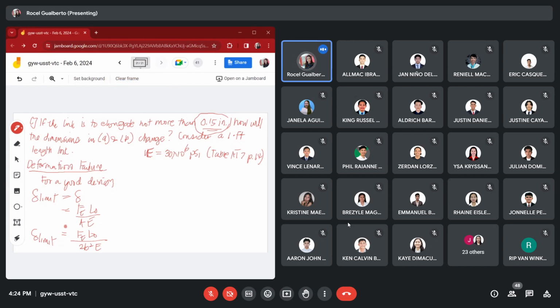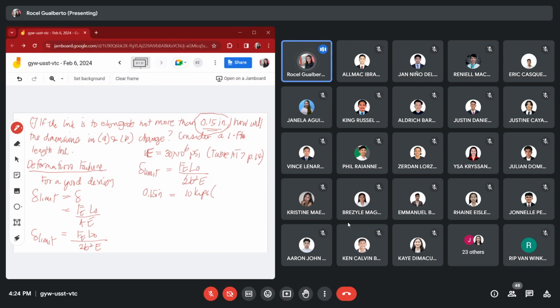Now, i-substitute na po natin ngayon yung mga values. Ilagay ko lang po muna ulit yung equation. Allowable limit is equal to FT L sub O over 2B squared, then the value of E. Allowable limit, iyon po yung 0.15 inches, equal to yung FT po, that is 10 kips, times original length, consider 1 foot length link.